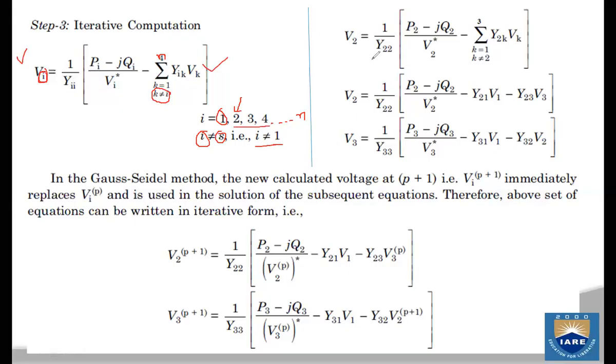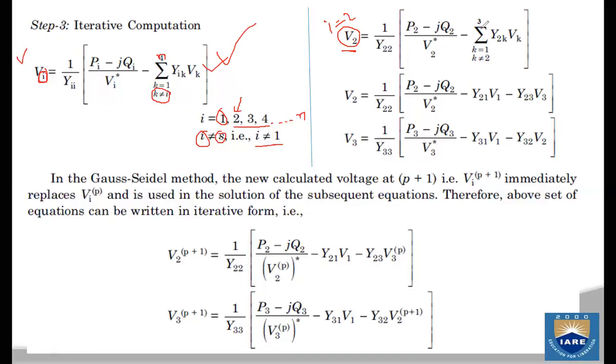So by neglecting the slack bus, the next bus you have to consider is the second bus. Now you calculate V2. From this equation, in place of i you substitute 2. So V2 = 1/Y22 × (P2 − jQ2 / V2* − Σ Y2k Vk), where k = 1 to n. Here n is the number of buses, which in our problem is 3.